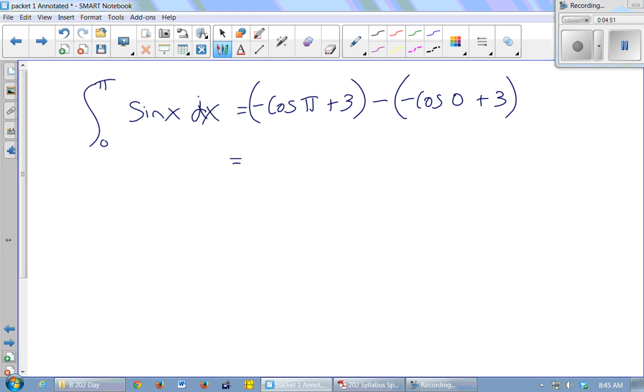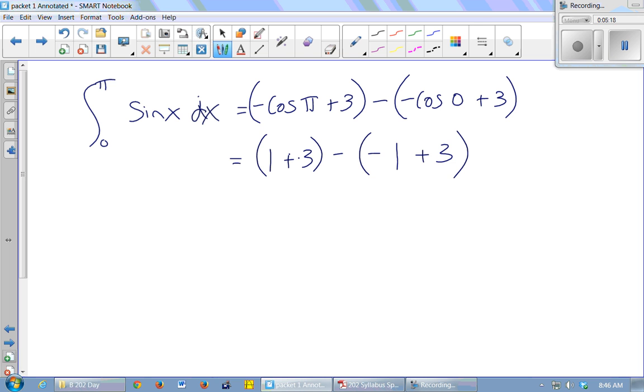So I plugged in pi, I plugged in 0, subtracting the 2. The cosine of pi is negative 1, so this is 1 plus 3, minus, the cosine of 0 is 1, so this is negative 1 plus 3, with parentheses still there, so I don't distribute yet.